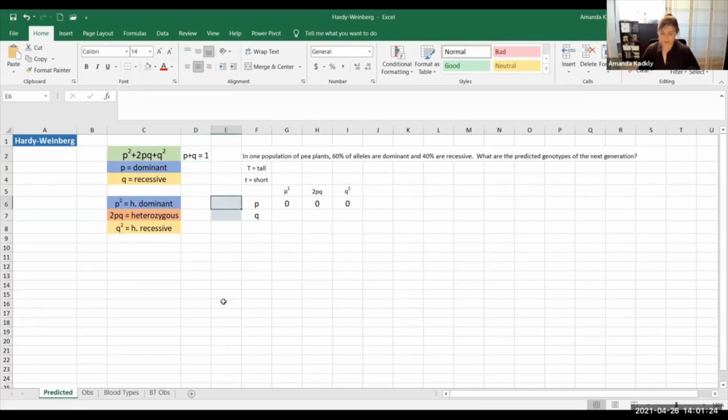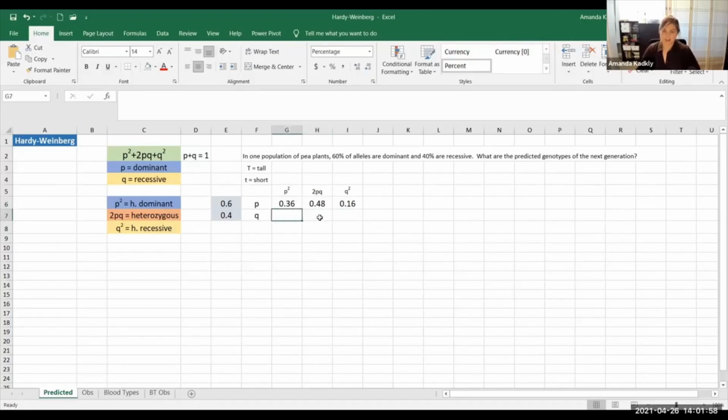We would need to put this in decimal format, so the dominant allele, 60%, is 0.6, and the recessive allele is 0.4 since it is 40%. And we just plug it into this equation. So 0.6 squared is 0.36, 2pq gives us 0.48, and q squared is 0.16.